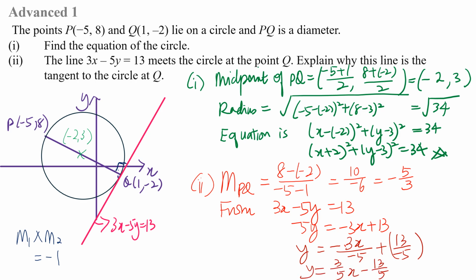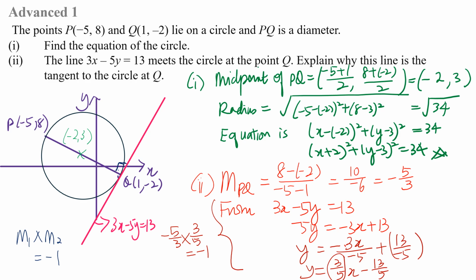So from here we see that the gradient is 3/5. From here we take negative 5 over 3 times 3/5, and that gives you negative 1. And then we need to explain.